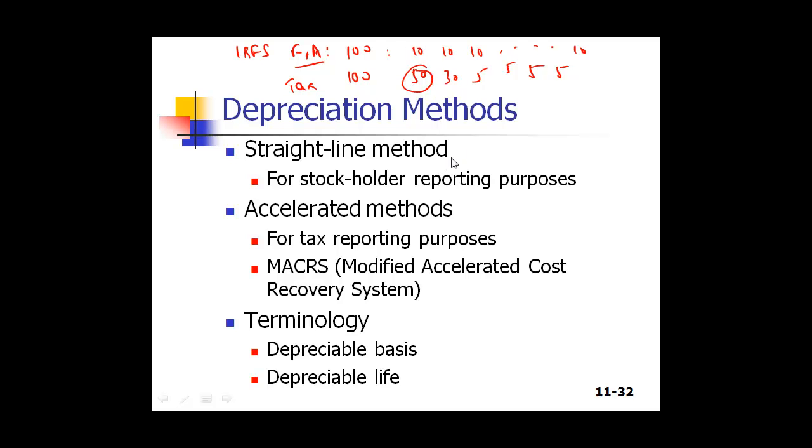The advantage is that your depreciation expense is higher, which means that your earnings before tax is lower, which means that your tax expense is lower in the initial years. But what happens later, in these years? Later you have to pay more taxes.